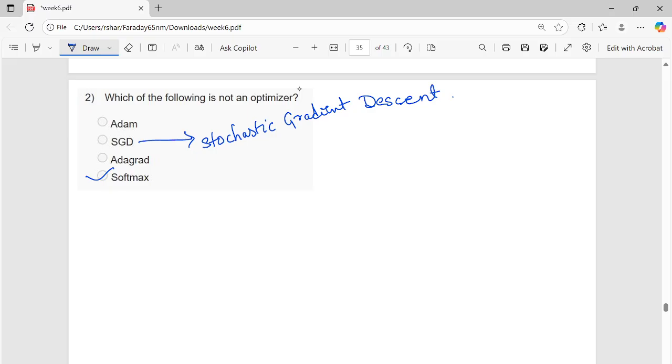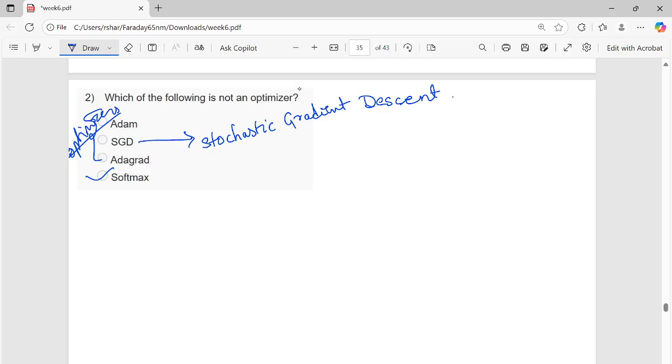Here Adam, SGD, which is stochastic gradient descent, and Adagrad, these three are all optimizers used in training neural networks. They update the model's weights based on the gradients computed during backpropagation.